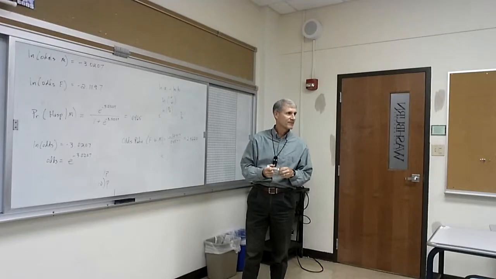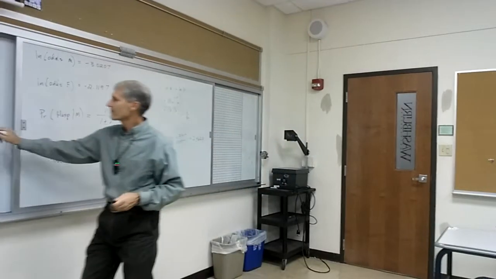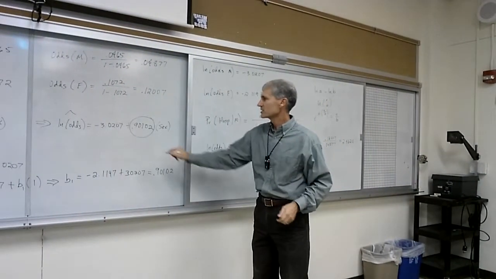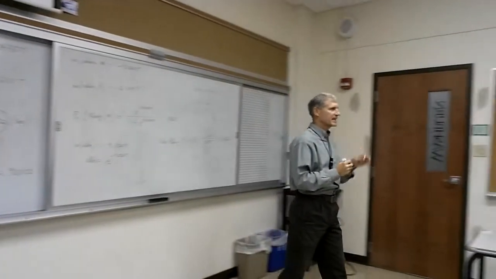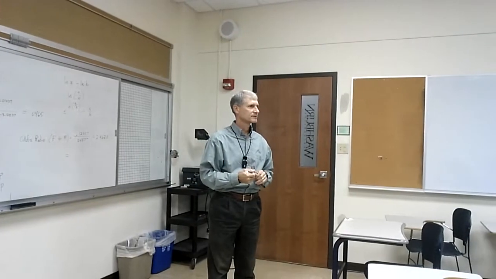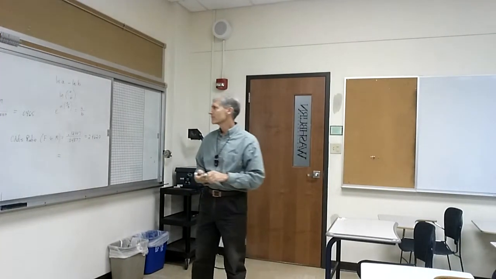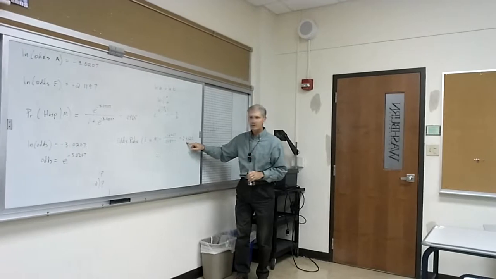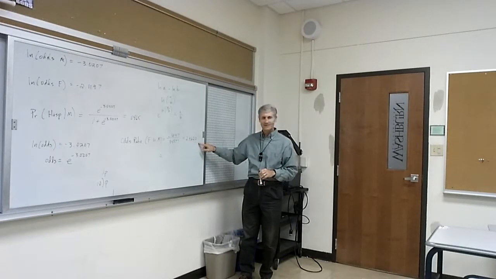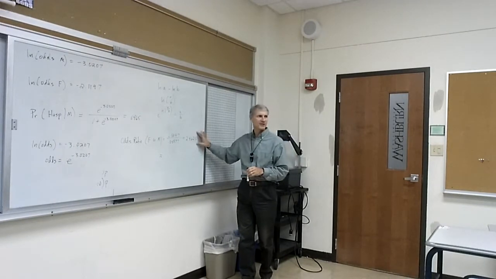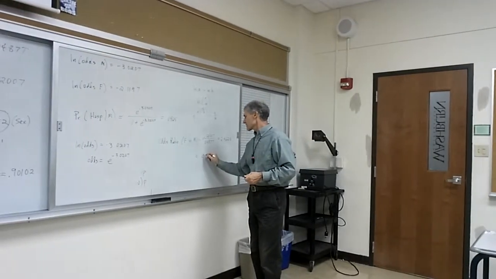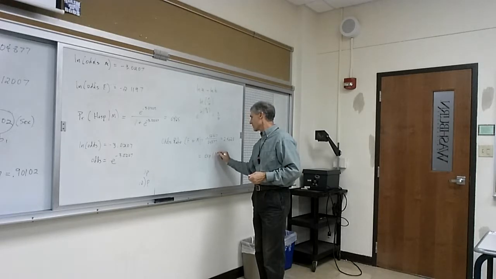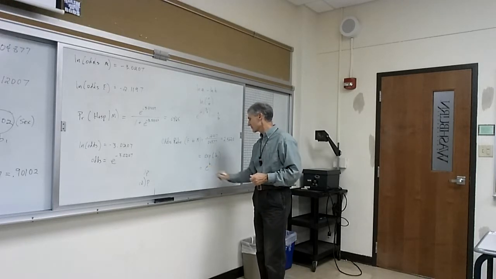What did you get? This number. This is B1. Take e to the B1 power. 2.4621, the same one. 2.462. Okay, so there's some round off error, but, right? So this is the exponential of B1. You could also write it as e to the B1 power.